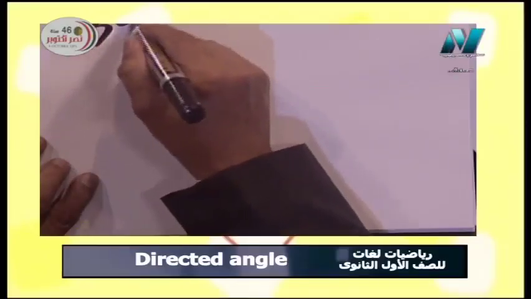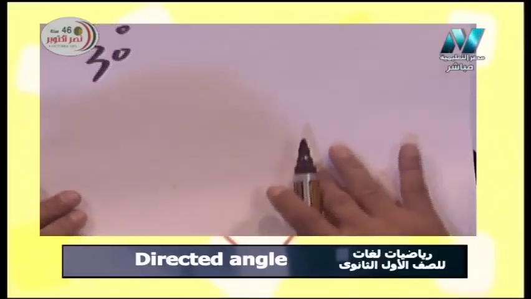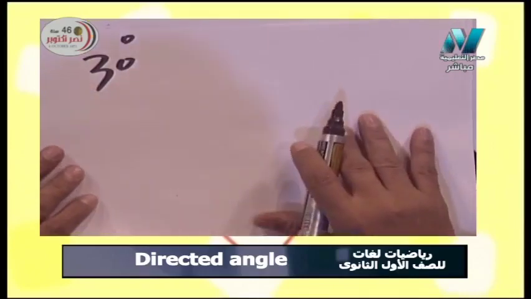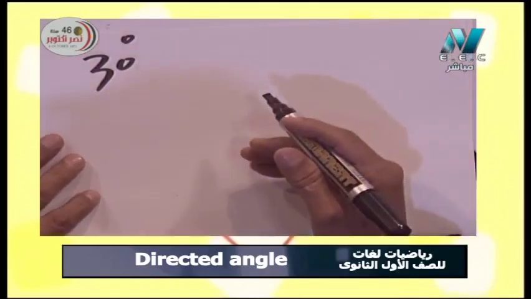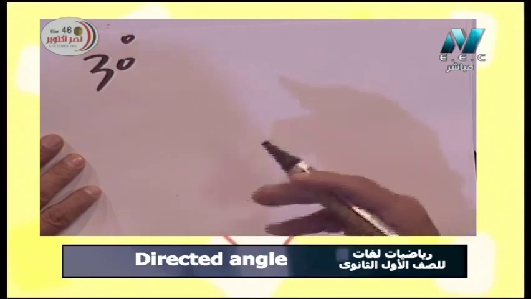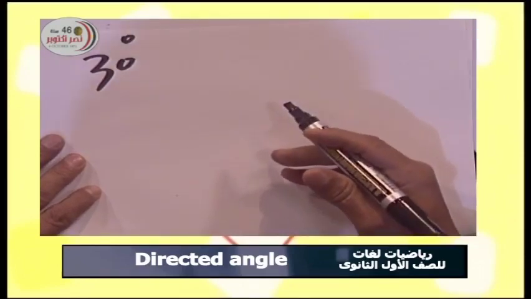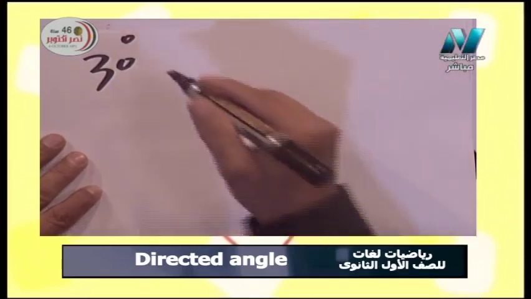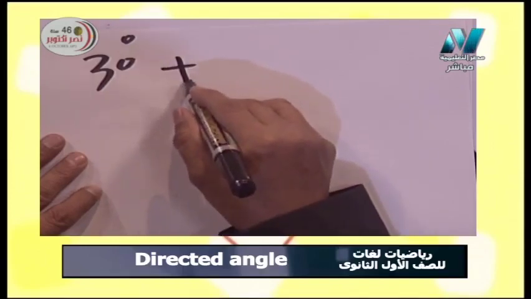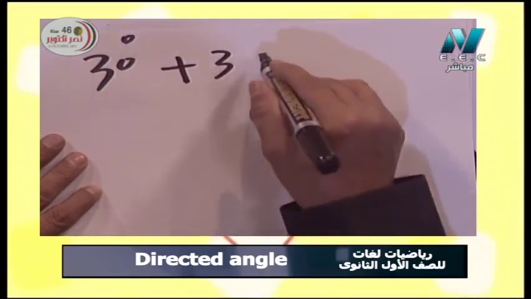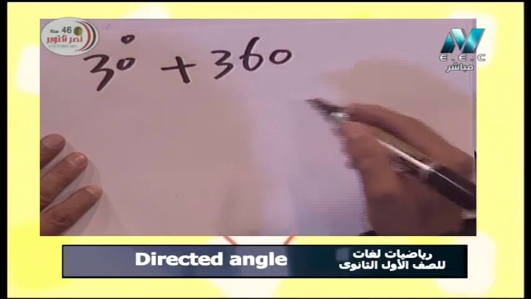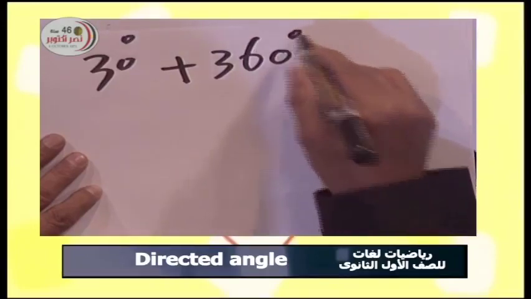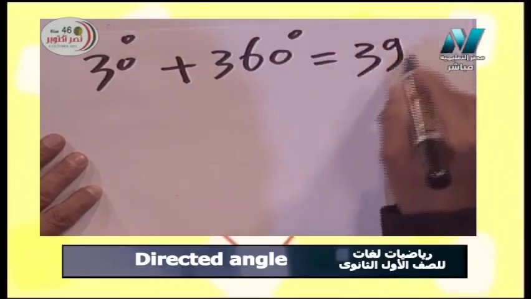If we have a 30-degree angle here and we want to find angles equivalent to it, we can find the positive ones first: 30 plus 360, the answer will be 390 degrees.